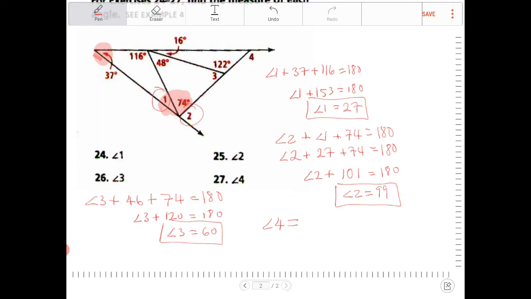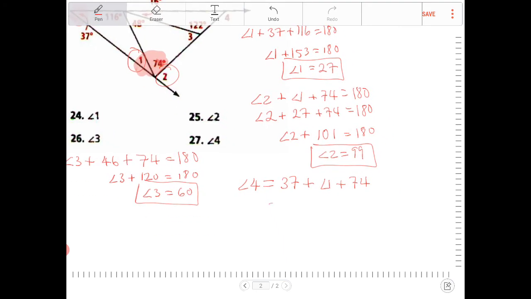So angle 4 is equal to 37 plus angle 1 plus 74. So therefore 37 plus angle 1, which we found to be 27, plus 74. What will this all add up to? So let's see, 37 plus 27, that is 64. And 64 plus 74, what is that? That's 138. So angle 4 is equal to 138.